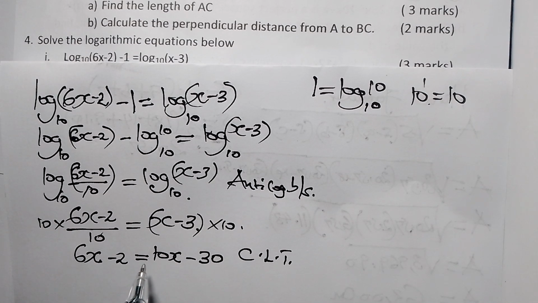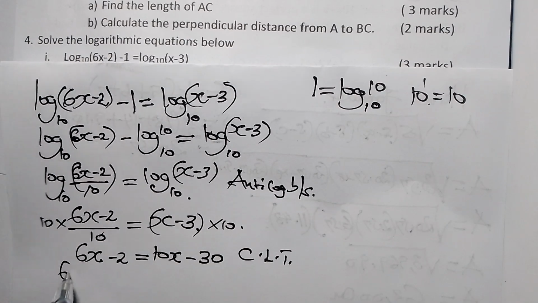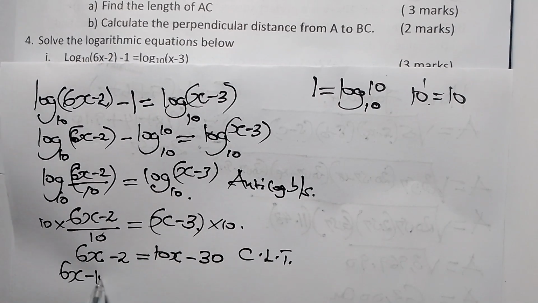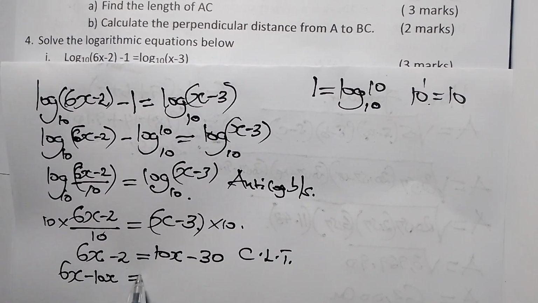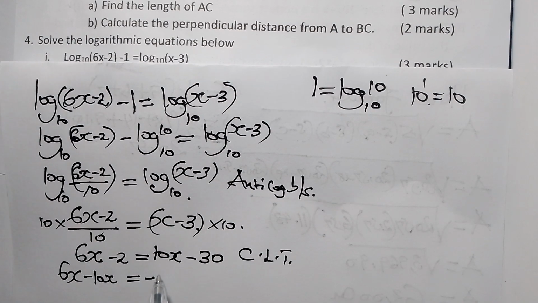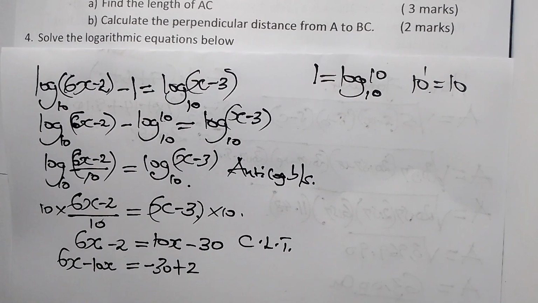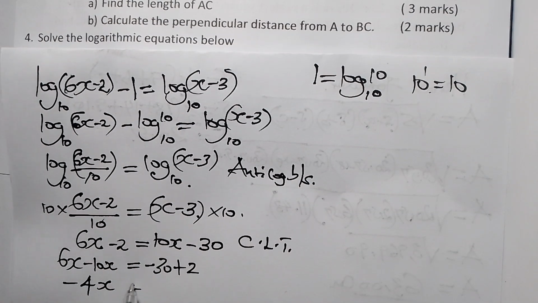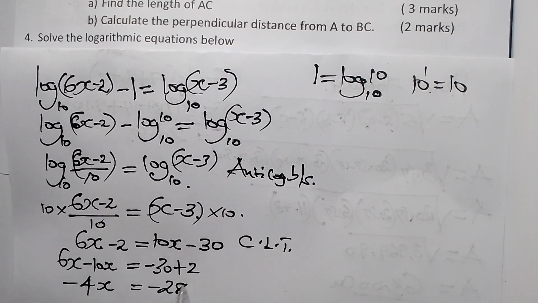So we can subtract 10x from both sides and we'll get 6x minus 10x equal to negative 30, then add 2 on both sides. So negative 4x will be equal to negative 28.